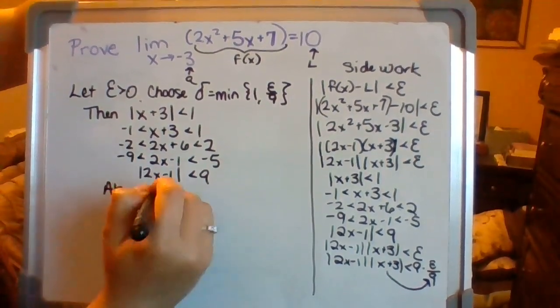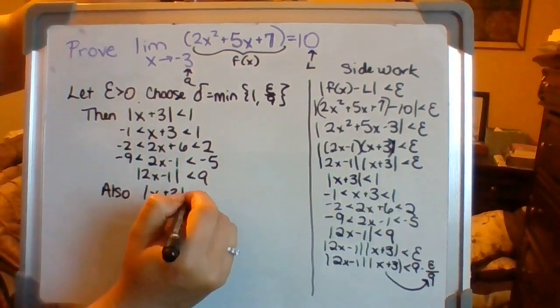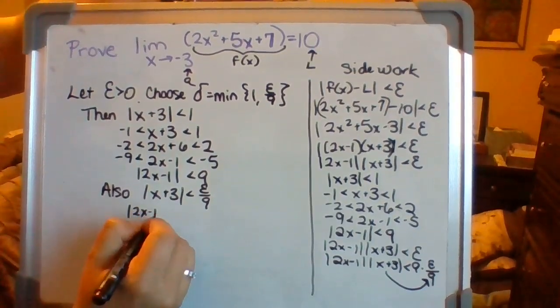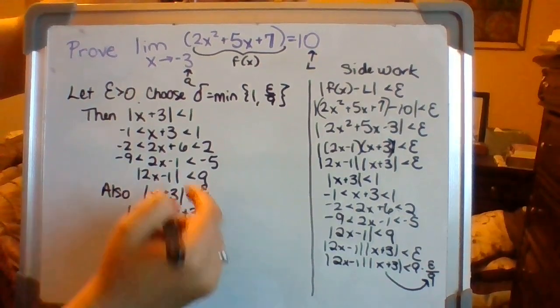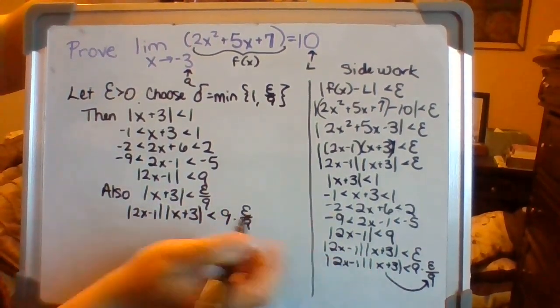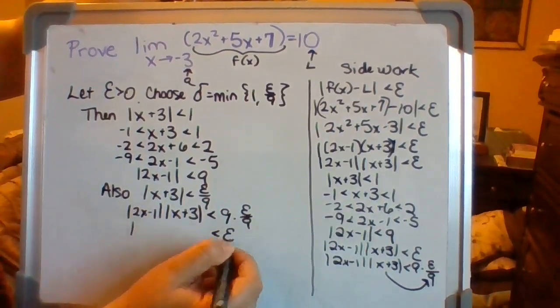Also, if we use the other one that we said we could have, how about the epsilon over 9? Well, then absolute value of 2x minus 1 times absolute value of x plus 3. We said the first one is 9 and the second one is epsilon over 9. Ta-da, it did what we wanted it to. So this is actually just going to be less than epsilon.